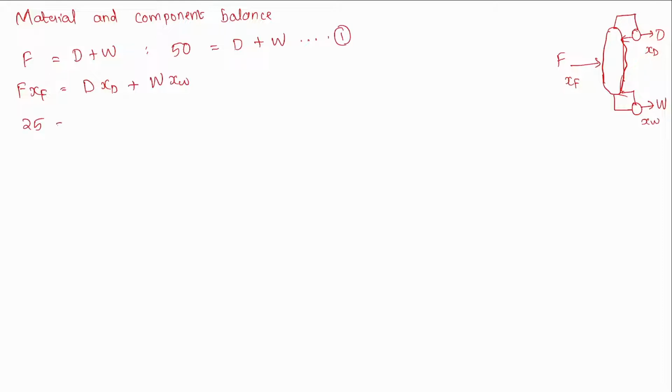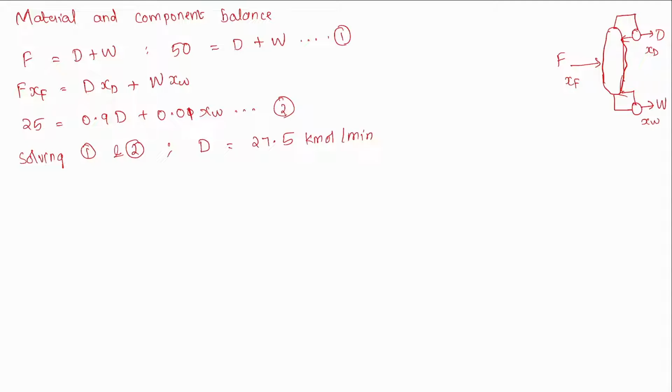So this is equation 1, and substituting the values here, we get equation 2 as 25 is equal to 0.99D plus 0.01W. Solving these two equations, we get the values for distillate and residue: D equal to 27.5 kilomole per minute, and W is equal to 22.47 kilomole per minute.